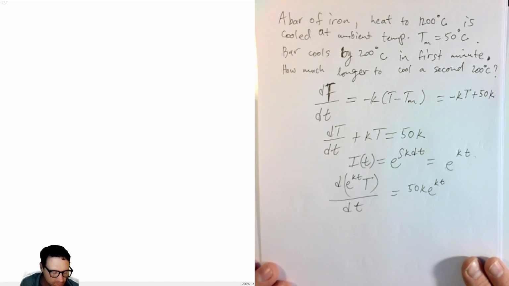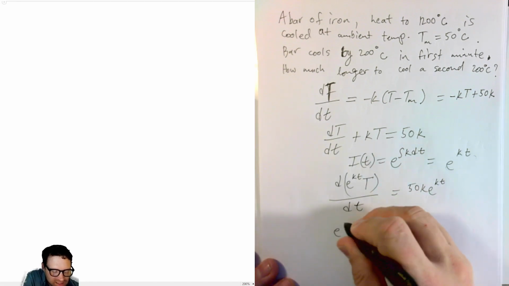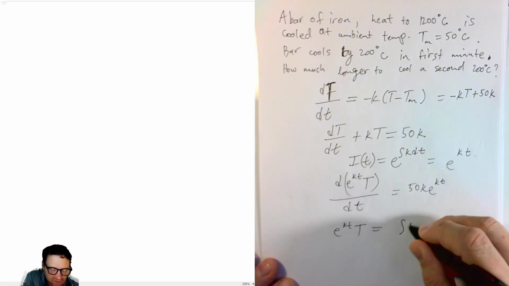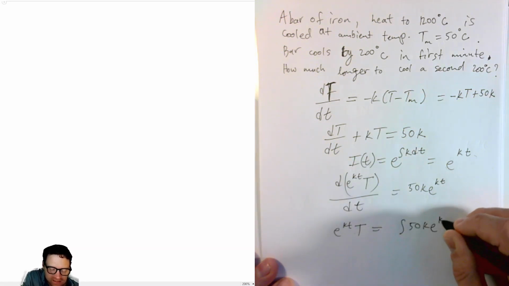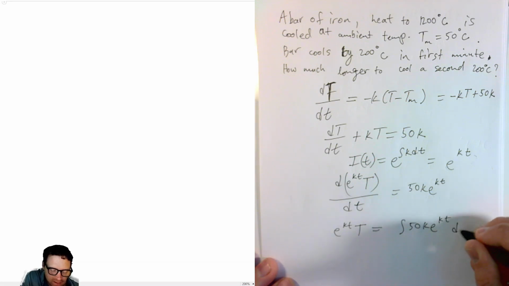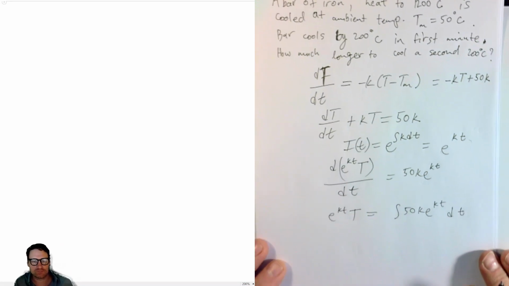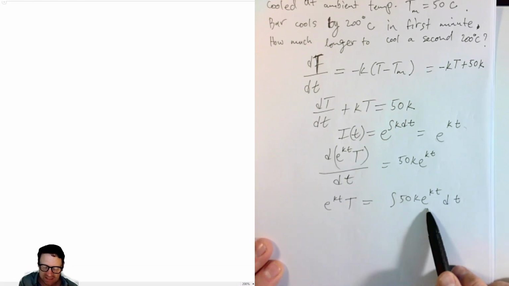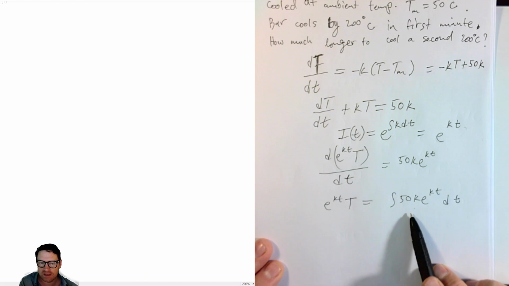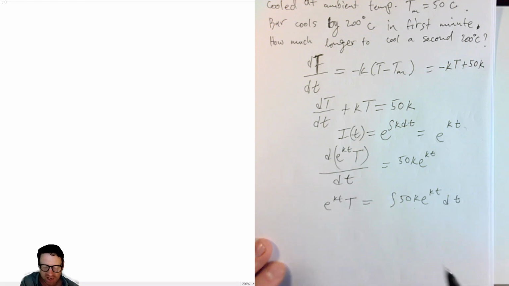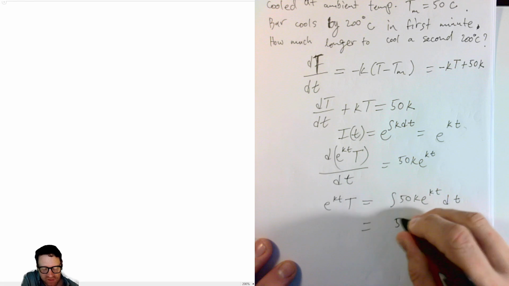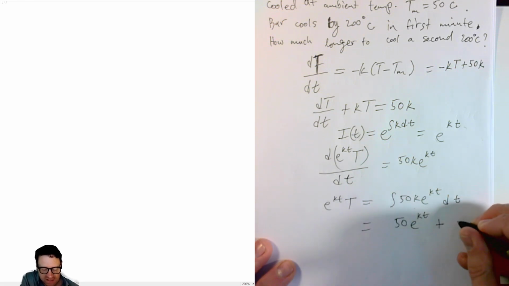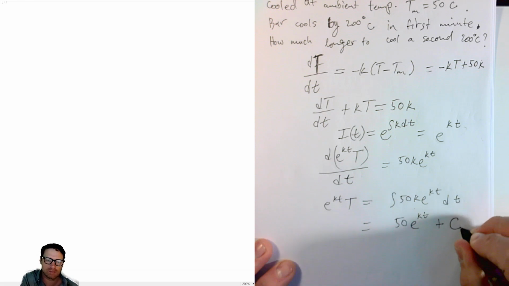So now let's integrate both sides, and we'll get e to the kt times T is equal to the integral of 50k e to the kt dt. All right, now if we differentiated e to the kt, we would bring down an extra k. So going in reverse, we divide by a k, and so we get 50 e to the kt, and then plus some constant c.